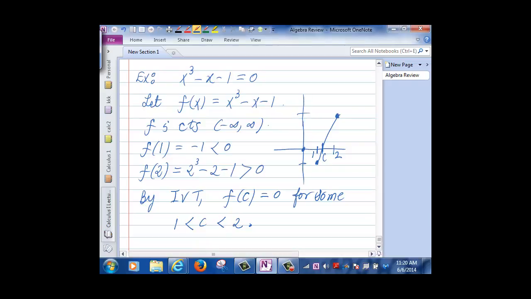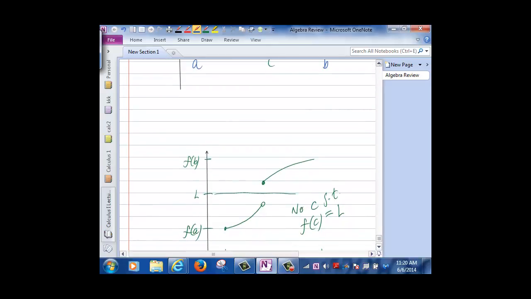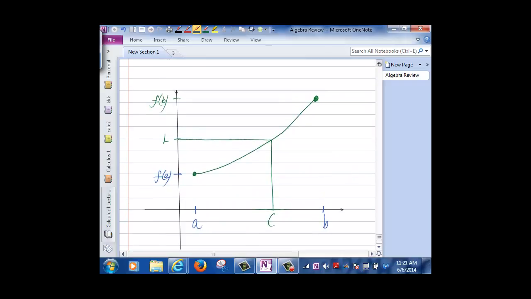Am I making sense? Remember, the intermediate value theorem says if you have a function which is continuous on an interval between a and b, and L is a number between f of a and f of b, then there's got to be a c where f of c is L. If L is in between f of a and f of b, then L has to be a value of the function.